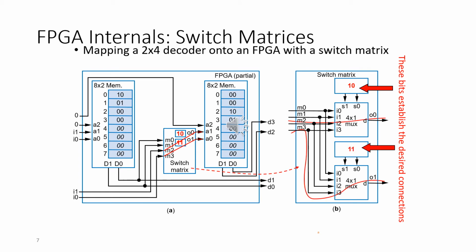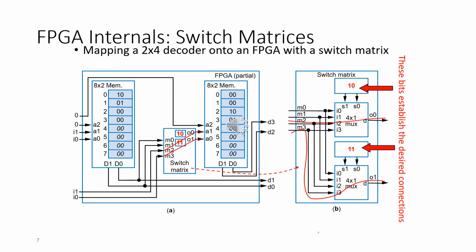So let's see how the mapping of the 2x4 decoder is done on FPGA using a switch matrix. In the previous example we saw we require 2 inputs, I0 and I1, and both inputs go to both LUTs. We do not require the output from the previous LUT. So in the switch matrix, the input connections are given at M2 and M3. We do not require M0 and M1.